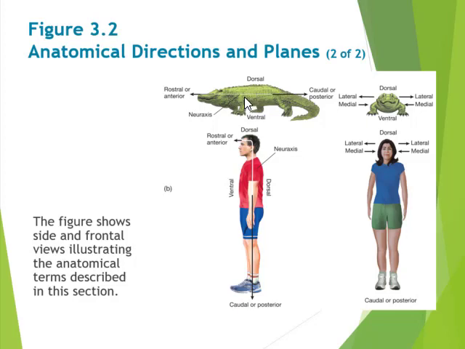Going in the dorsal direction in the brain means going towards the back, in the case of this alligator or any quadruped. In the case of the human, it means going towards the top of the head. Going towards the ventral direction means essentially going towards the stomach.